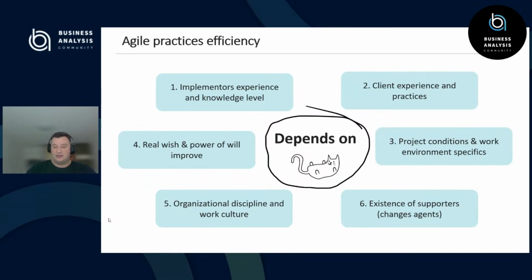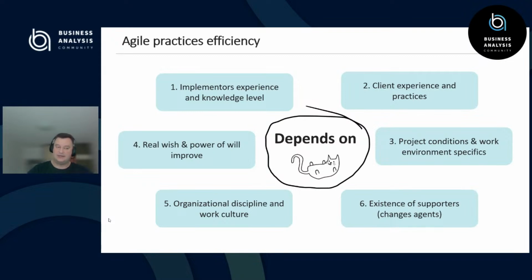Projects coordination and work environment specifics for sure. These things have a direct influence on agile practice efficiency level. Real wish and power of will to improve.